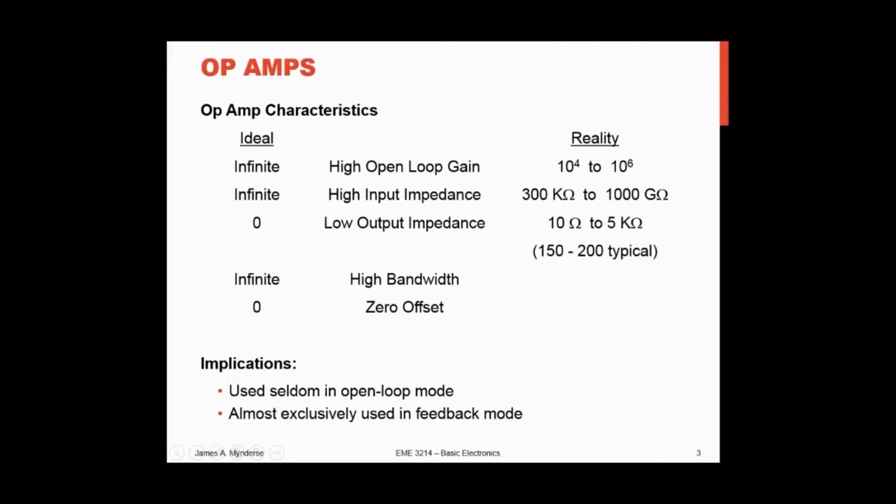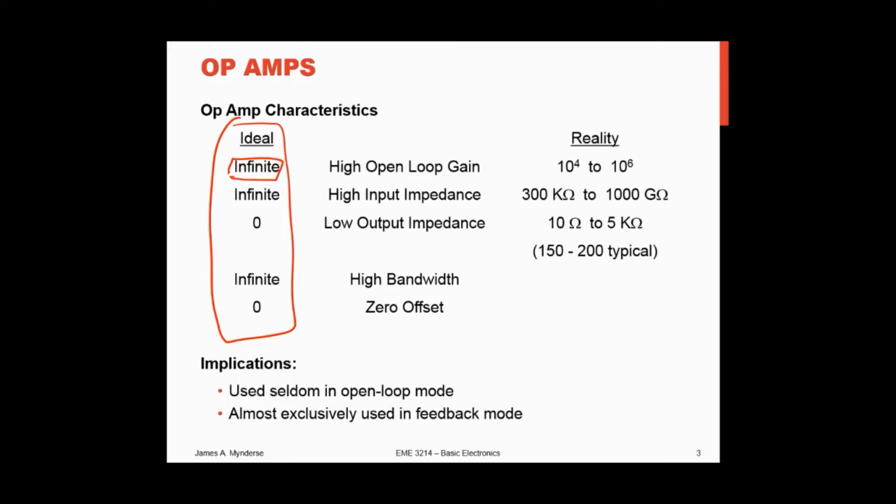Okay, there we go. Here are the characteristics of an ideal op-amp. And using these characteristics, we can then develop what are commonly referred to as the golden rules that we'll use for analyzing these circuits. The ideal op-amp has an infinite gain.